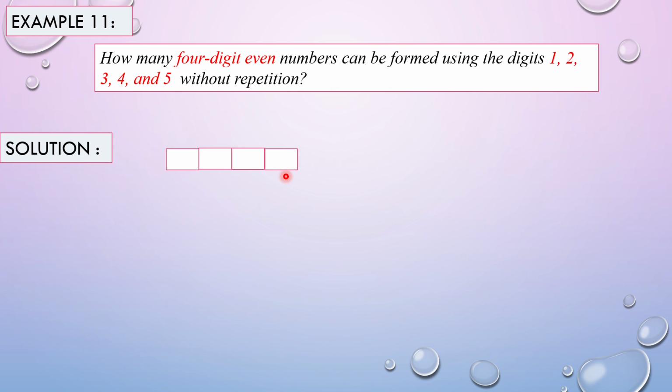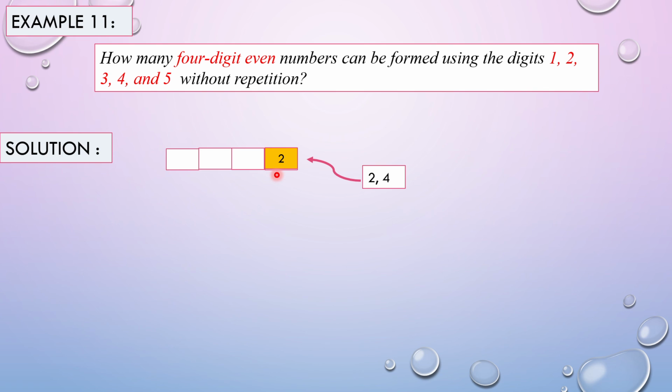So if you check the given digits 1, 2, 3, 4 and 5, 2 and 4 are the digits that can be used in the last box. That means we have two options here, that is digit 2 and digit 4. So the last box can be filled with the value 2.